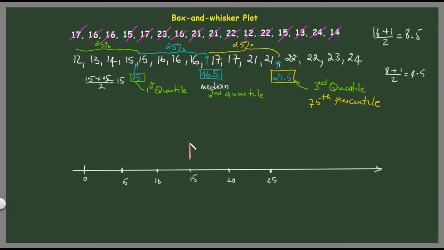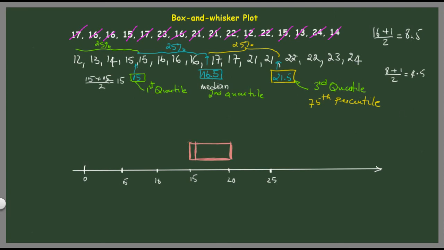Okay, or I can draw it with the green, it doesn't matter. And our median is 16.5, somewhere like here. Here 16.5, and my third quartile is 21.5, something like here. Not really, yeah, 21.5 back here. Okay, then I can draw my box like this and like that.